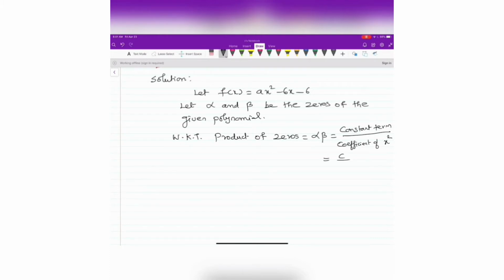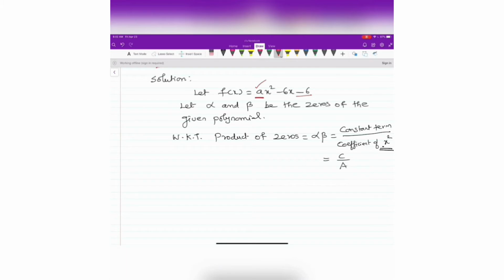But actually in the given polynomial, one a is there. So I don't want you to get confused with this. So let me write over here capital A, that is the coefficient of x square. Okay, the constant term in the given polynomial is minus 6, whereas the coefficient of x square is a.